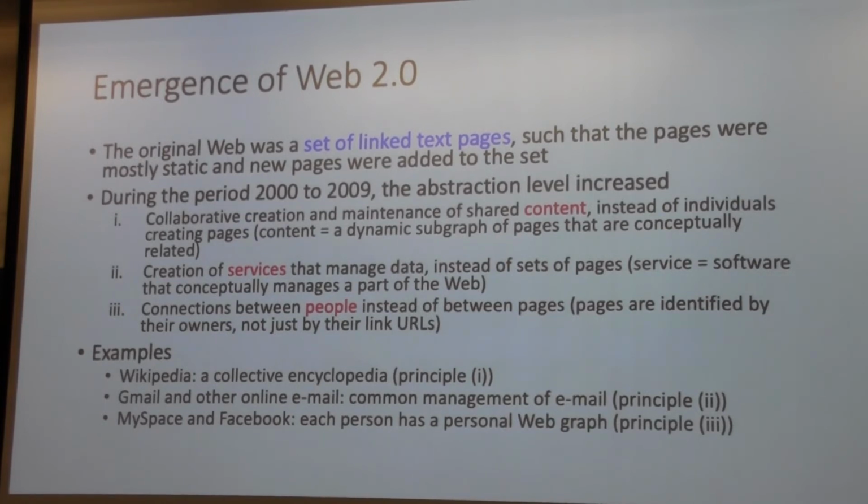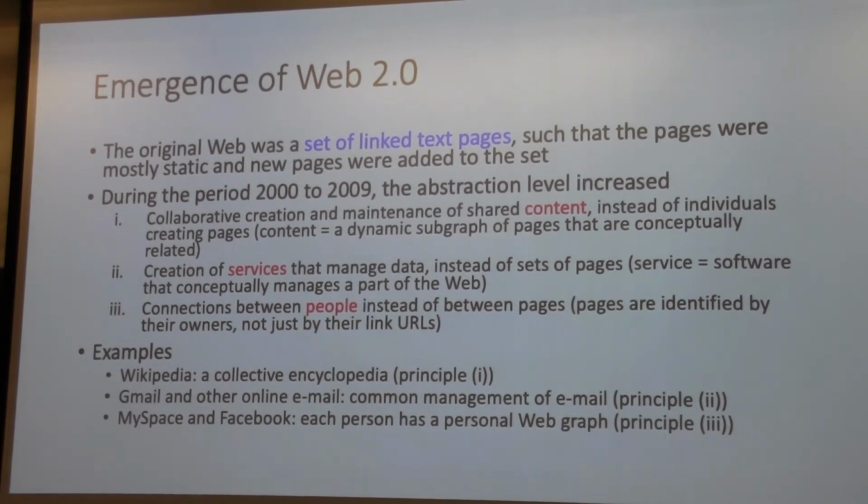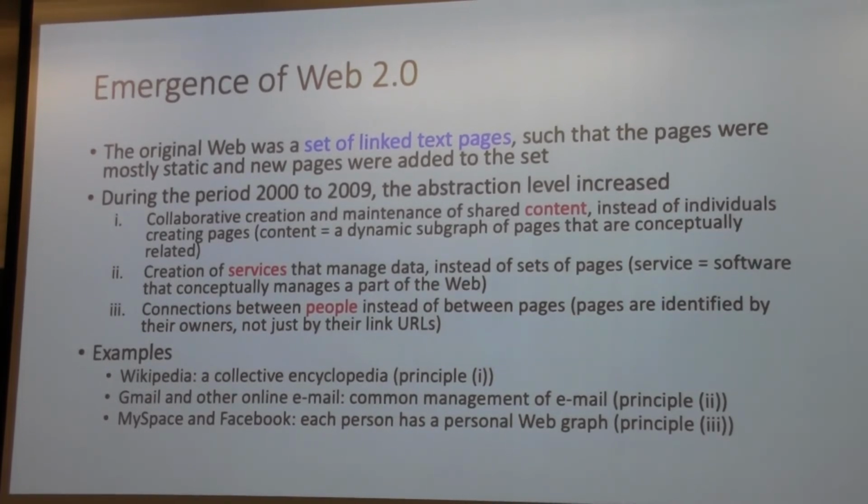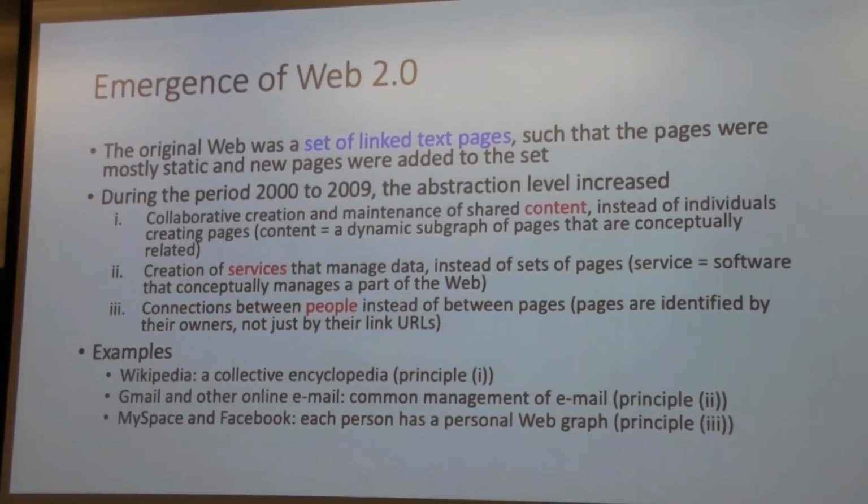During the first decade, 2000 to 2009, the level of abstraction of the web increased. It's not anymore the pages. The pages are like machine language, if you want. The linking of the pages is still there, HTTP, but it's not the thing anymore. It's like the compiled binary. It's like the machine language.